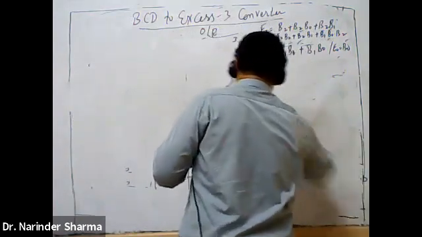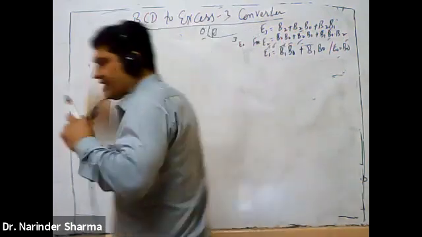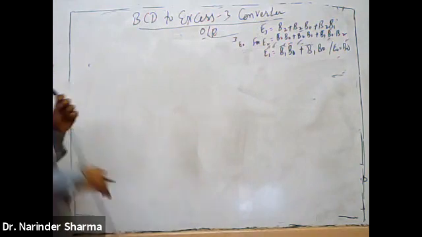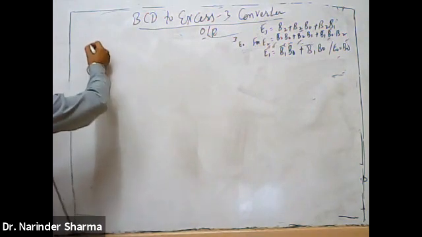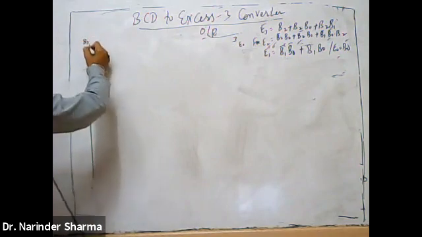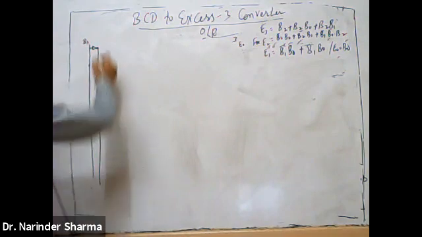Expression has been derived. After deriving the expressions, we have to design the circuits. 4 inputs are there right here. B3, not gate, that would be B3 bar.